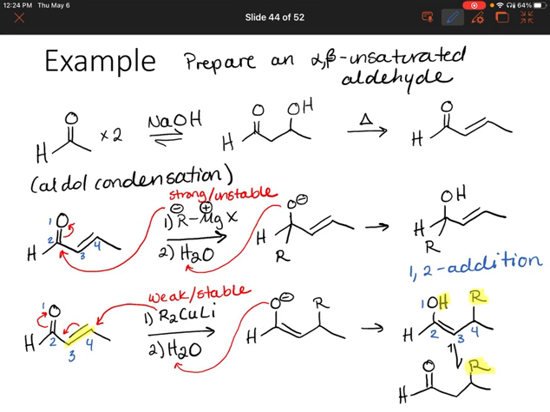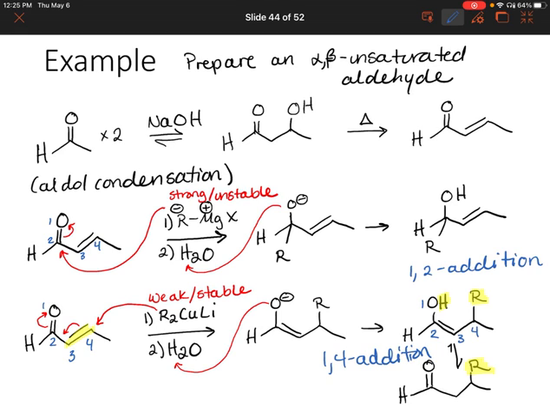So this is a 1,4 addition product, but because of that enol, we actually have a ketone that forms at the end, and that's what makes it look like we have a 1,2 addition, but it's actually 1,4 addition. So it gets kind of confusing sometimes.